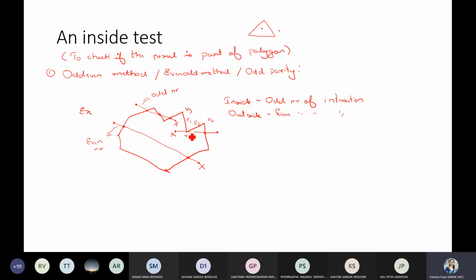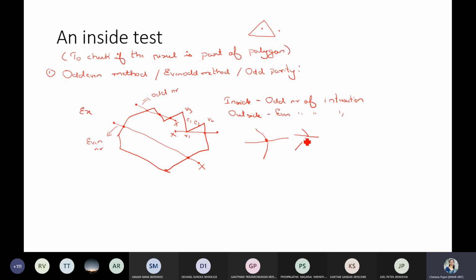Say for example, if it was something like this, you have a point. If it is something like this, at that time you are going to consider it as outside the polygon, because in this case, say for example, you are cutting something like this, and your line segment is like this. So both edges are at opposite directions.